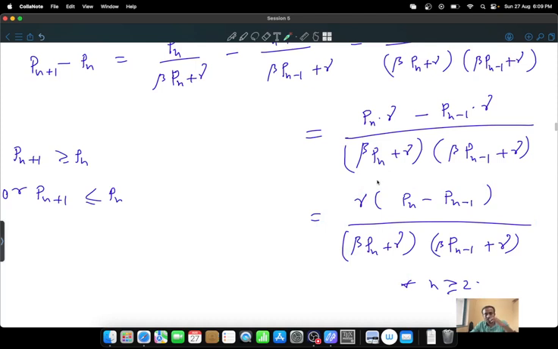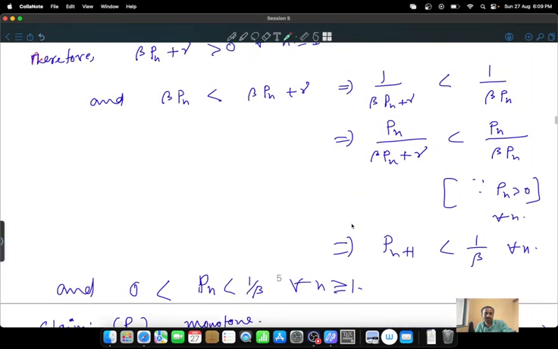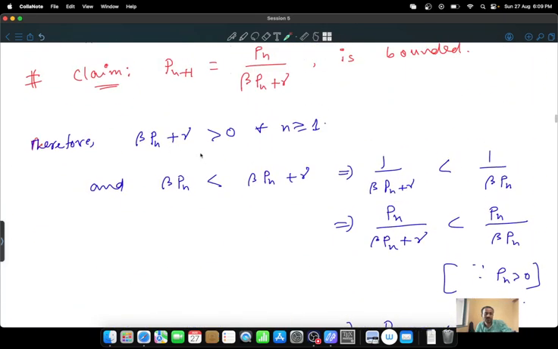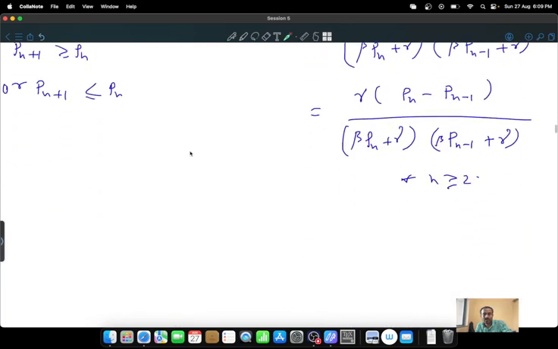Okay, but one thing, the denominator term beta Pn plus gamma, I have already proved that it is a strictly positive number. So whether this term is positive or negative depends only upon the positivity or the negativity of the term involved here.